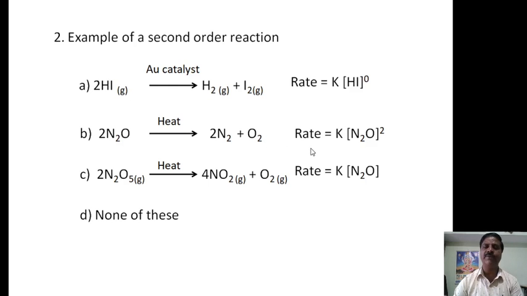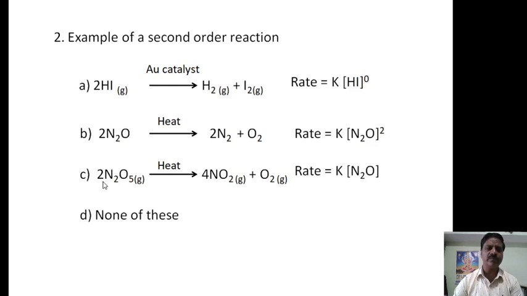The rate equation is rate equals K times the molar concentration of N2O to the power of 2. Nitrous oxide is also called laughing gas, because when it is inhaled into the body, laughing takes place.